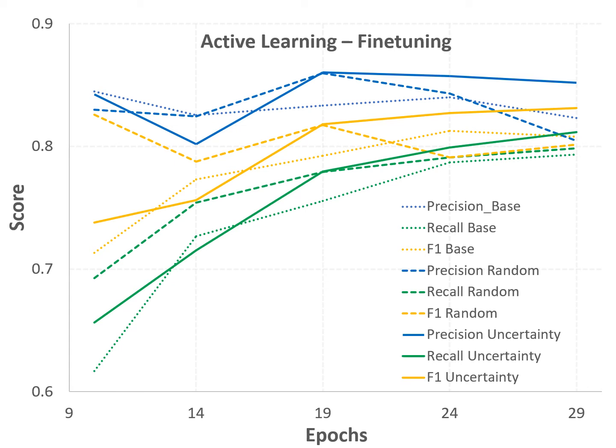Solid is our model based on uncertainty, dashed is our model based on random sampling, and the dotted represents our base model without any actively learned samples. We can see that the uncertainty based approach outperforms the random sampling and the base model.